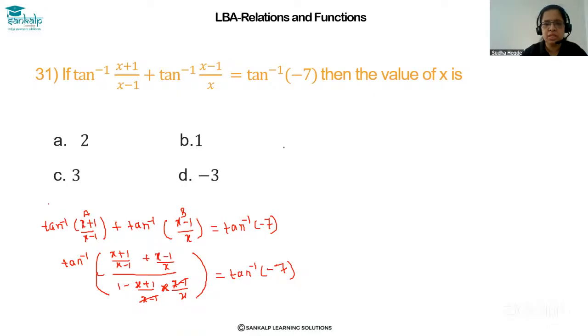And simultaneously you can take LCM also.